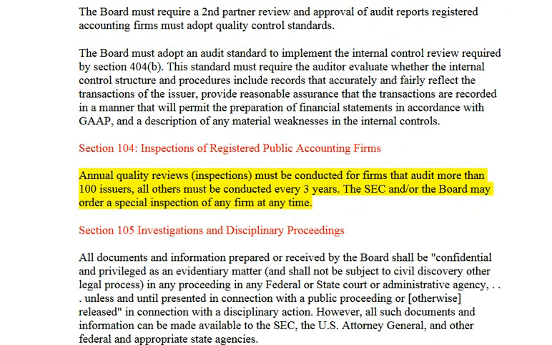The board must adopt an audit standard to implement the internal control review required by Section 404.